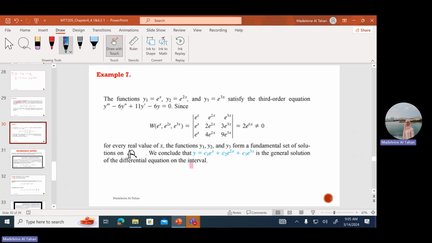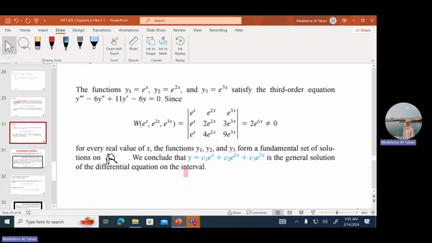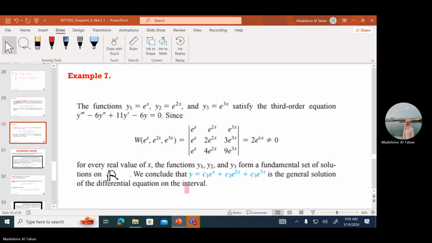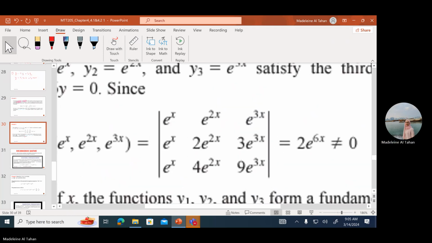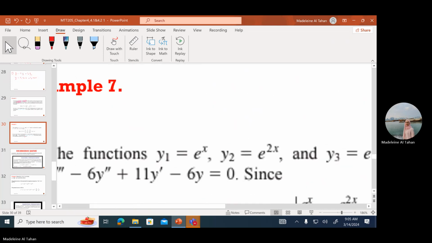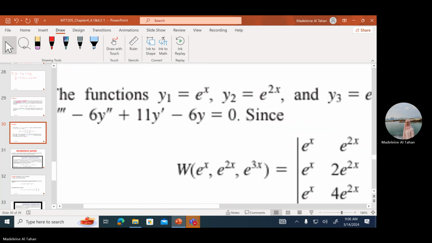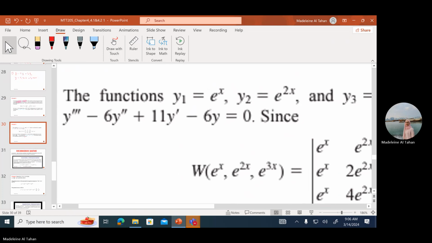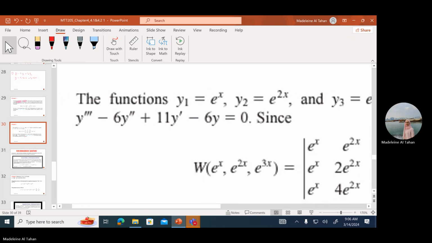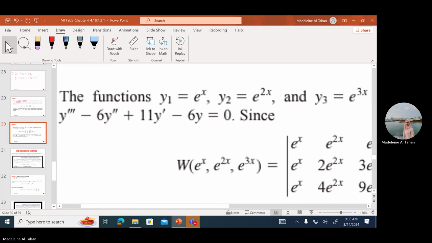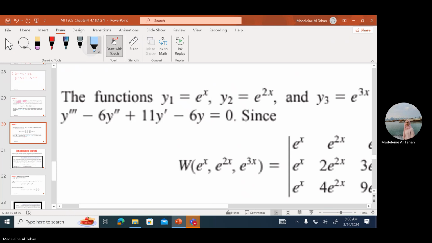What we will do now, let's try this one. We are given here three solutions.